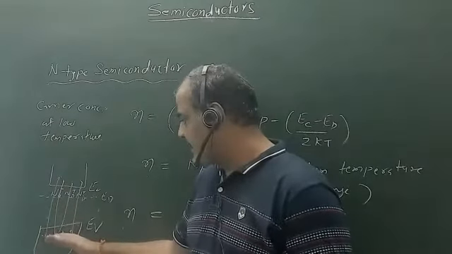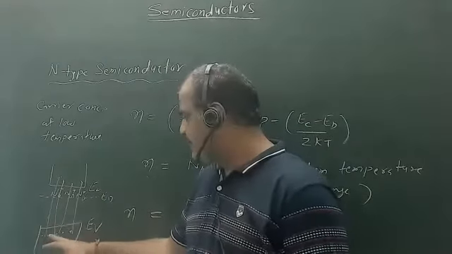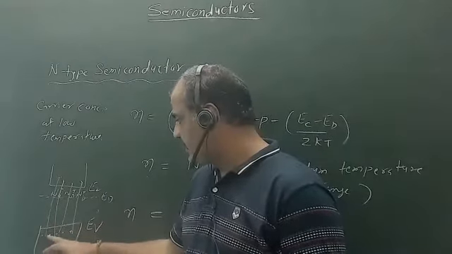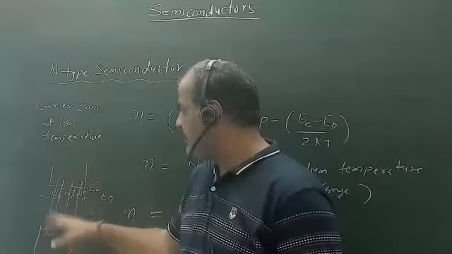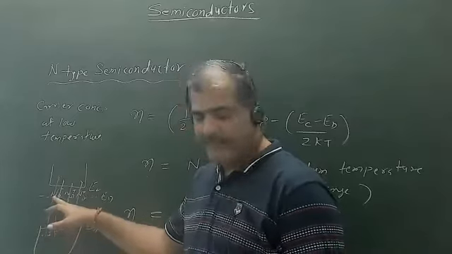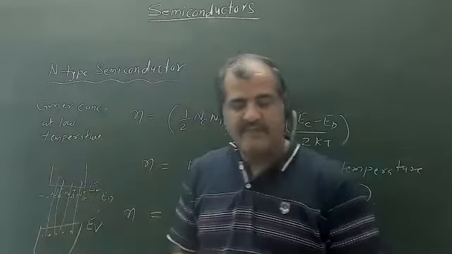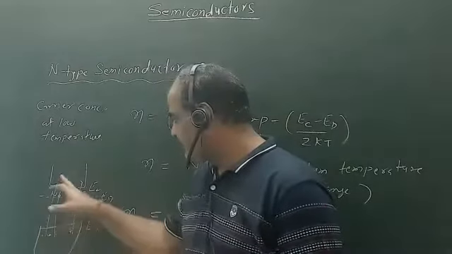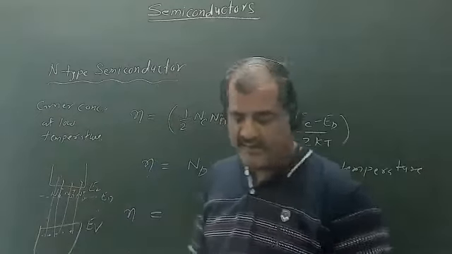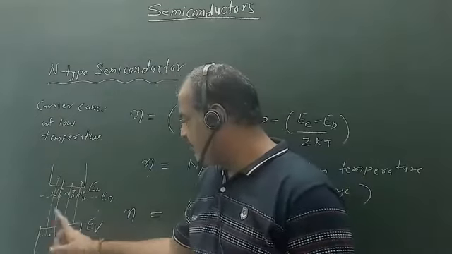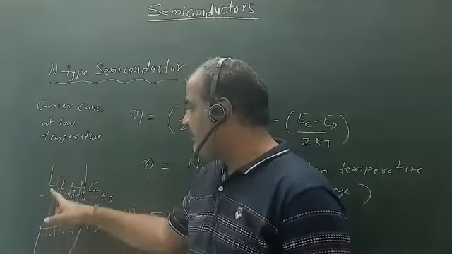If we supply sufficient energy, the number of intrinsic electrons reaching from valence band to conduction band will be comparable to Nd or higher. Then that type of conductivity is called intrinsic conductivity. So at higher temperature the number of intrinsic electrons and holes will be comparable to Nd.